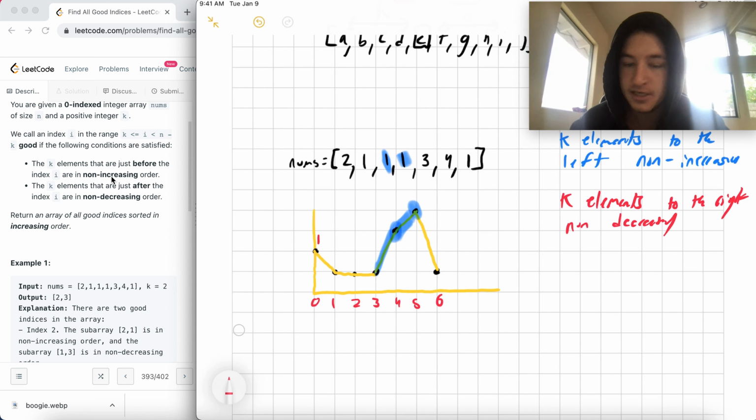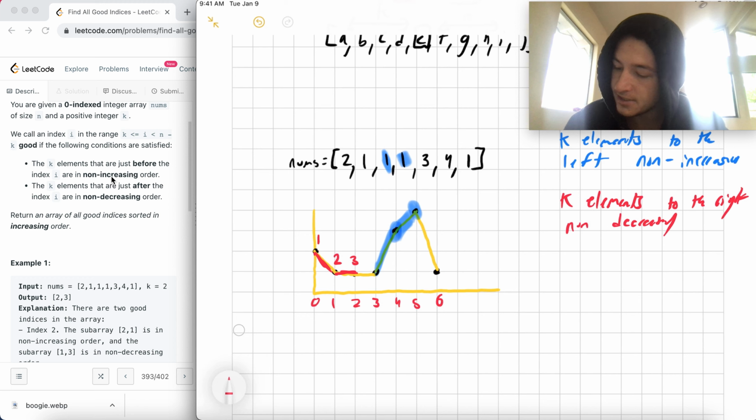This is non-increasing, so that's 2 things in a row that are non-increasing. This is non-increasing, so that's 3. This is non-increasing, so that's 4 things in a row. Now it breaks, because this is increasing, so now there's 1 thing in a row that is non-increasing. It breaks again, so there's 1 thing in a row. And then it goes down, and there's 2 things in a row that are not increasing.